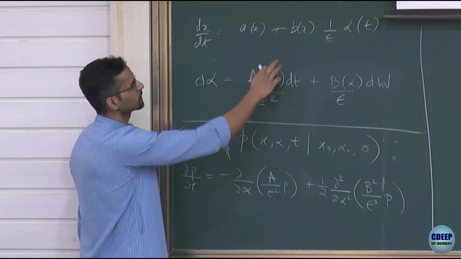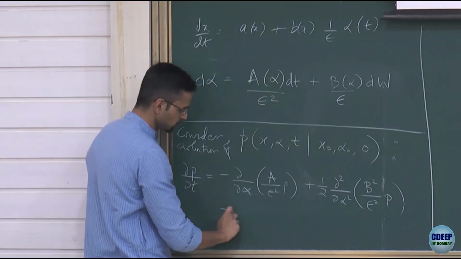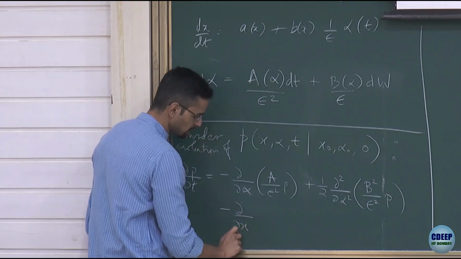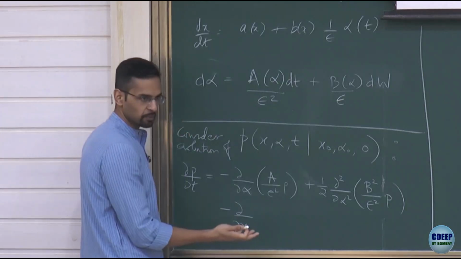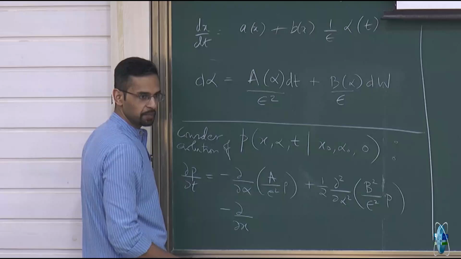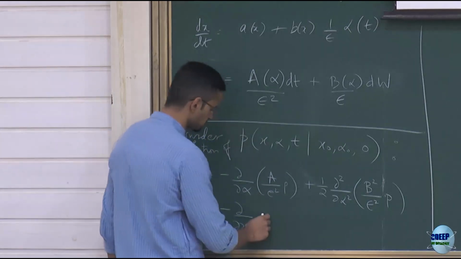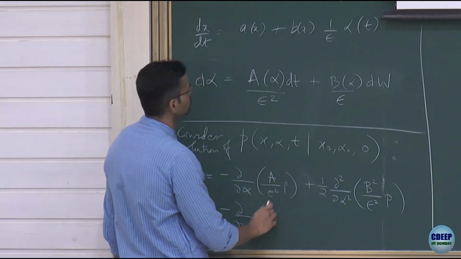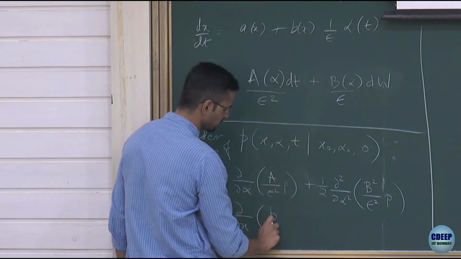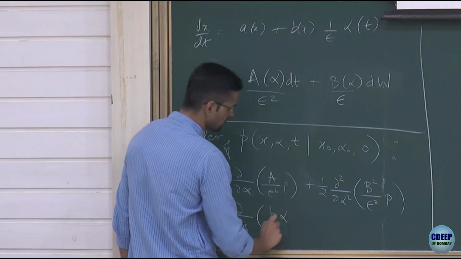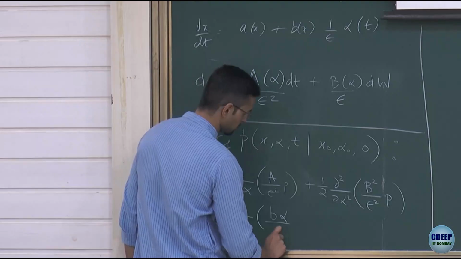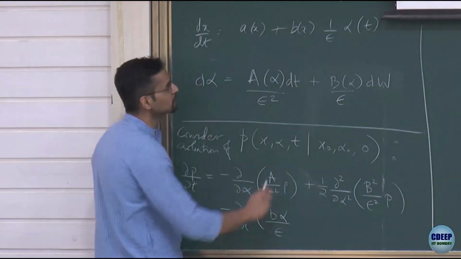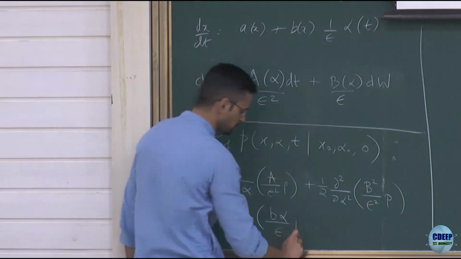Now I have a drift on the x. So again this minus comes from the Fokker-Planck equation: you have minus d by dx of the drift term. So I have one drift which involves small b alpha by epsilon, a drift times p.